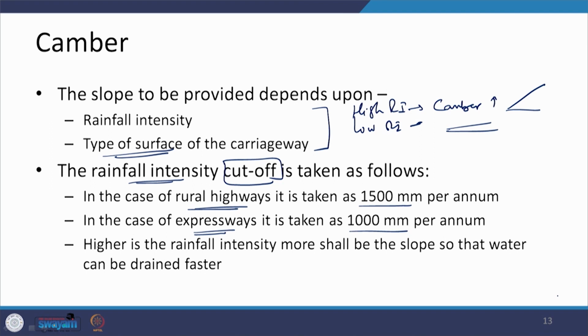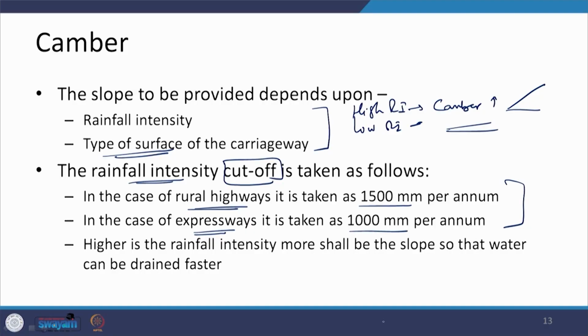That means, if the rainfall intensity in an area is 1600 mm per annum and a rural highway is passing through that, we need to provide a steeper slope. And on an expressway, if it is 500 mm per annum, we can go with a flatter slope. That is the usefulness of this data, and it is available from the meteorological departments for any area in which the road is being constructed.